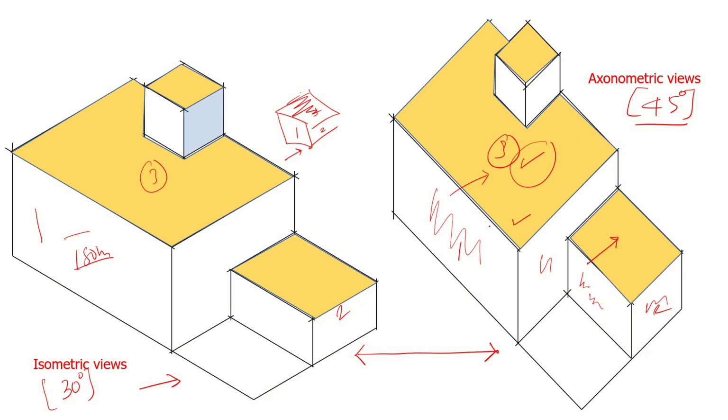We are trying to look at the three-dimensional view of a neighborhood. In that case you can use the axonometric view, predominantly highlighting the roof profile of the neighborhood. Of course, you can do this in isometric also, where we can also show windows and other openings. But you can also use axonometric just for highlighting the roof.